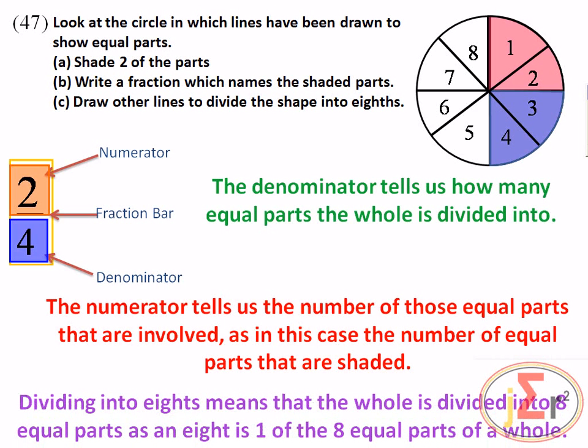Dividing into eighths means that the whole is divided into 8 equal parts, as an eighth is one of the equal parts of a whole. So if we are dividing it into 8 equal parts, or divided into eighths, then we need to divide the object into 8 equal parts, like we have right there.